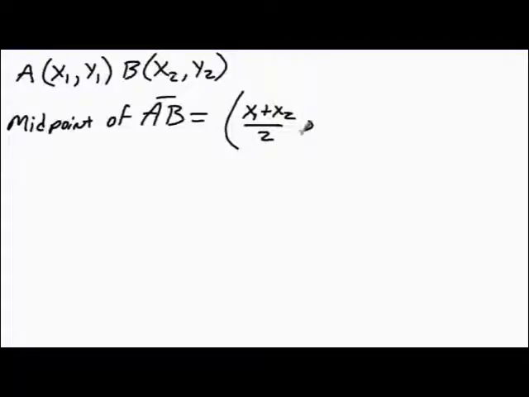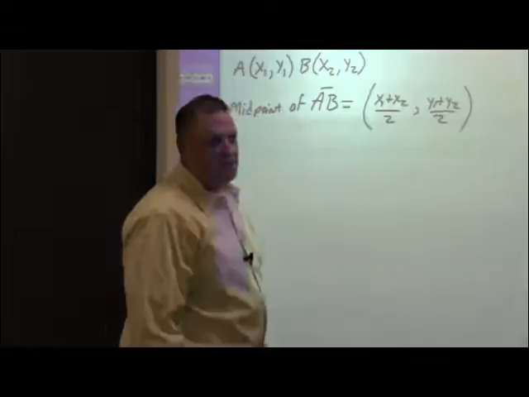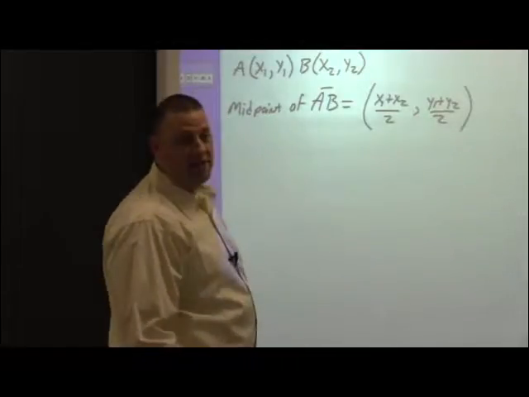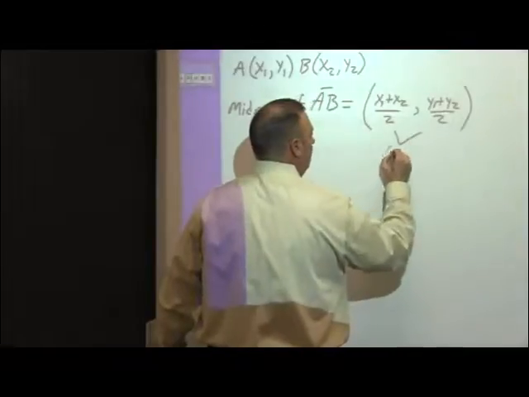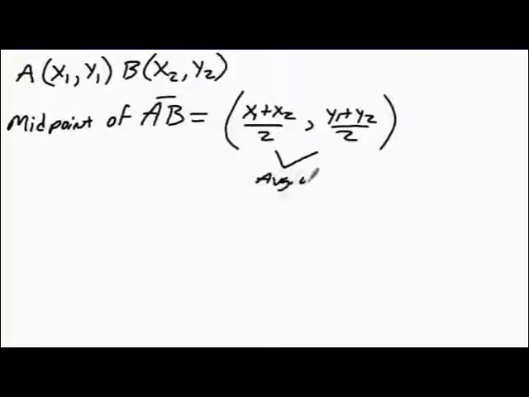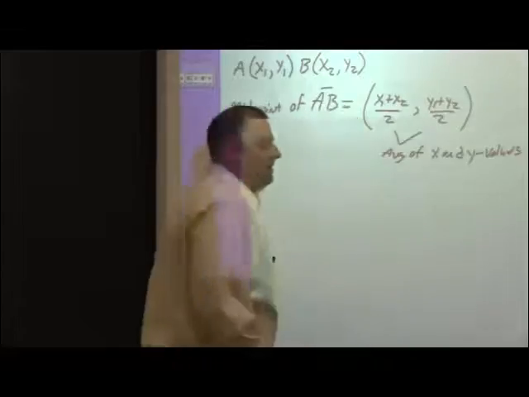And then same thing with the y, so y sub 1 plus y sub 2 over 2. In a nutshell, let's make it real easy for you. It's the average of the x's and the y's. Average of x and y values. And that's how you get the ordered pair.